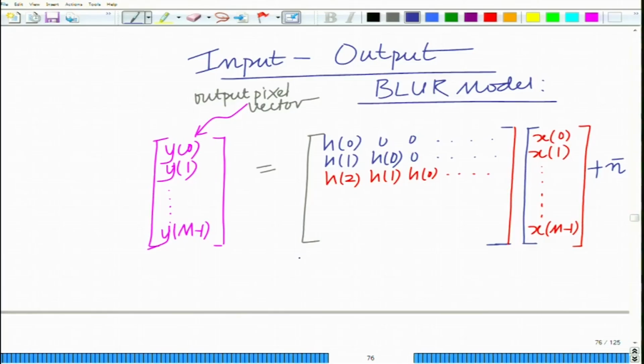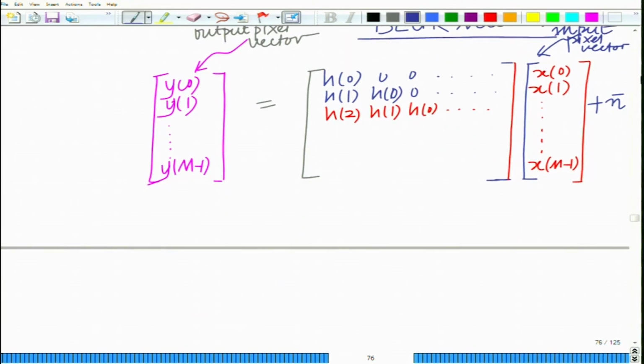And this is the output pixel vector, this is the original input pixel vector. We are considering, as I said, a single column of pixels. And this is basically your filter matrix. This is also known as a filter matrix because you are representing the blur by this filter, this linear filter, which is represented by this linear transformation characterized by this matrix.